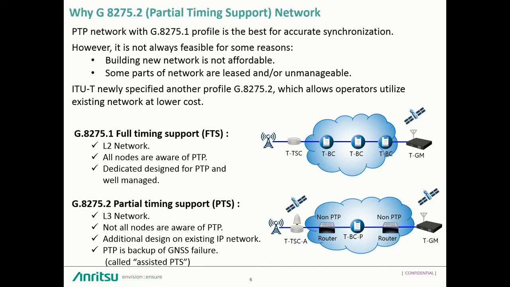So it's the question of, well, how many routers can I go through without PTP? How many of them can I go through before I have to put a boundary clock in between to kind of reset my timing so I can go a farther distance?